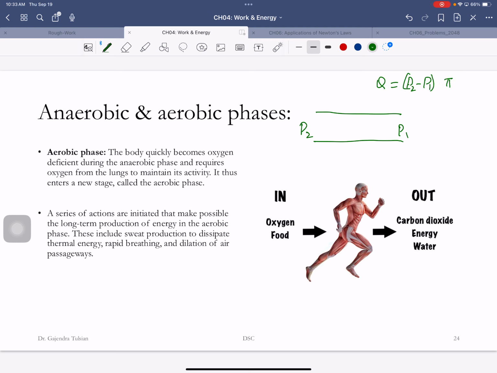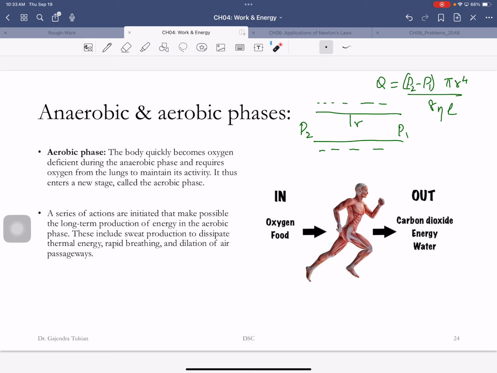Okay, pi r to the power 4. R is the radius of this tube. 8 eta is the viscosity. So the best way to increase flow rate is to increase the radius. You saw in one of the problems, you increase the radius by 50% and you increase the flow rate by 500%.